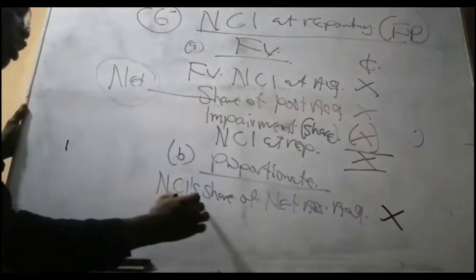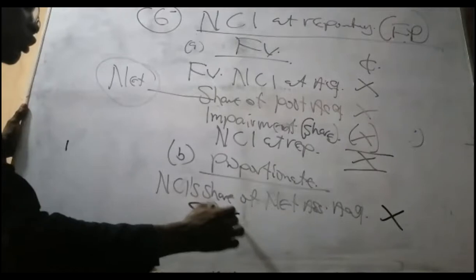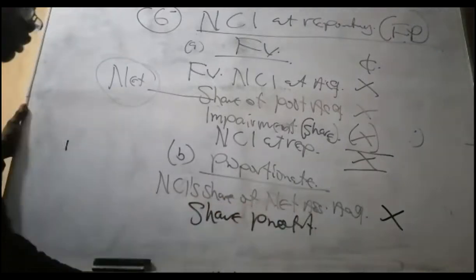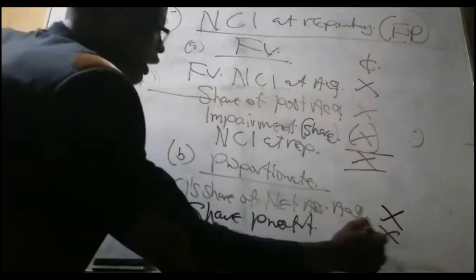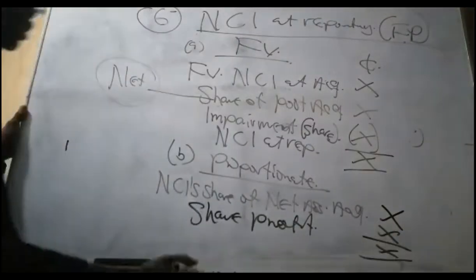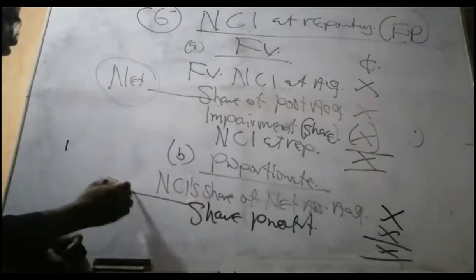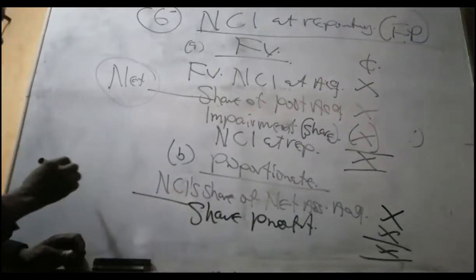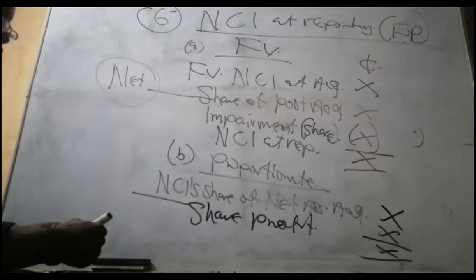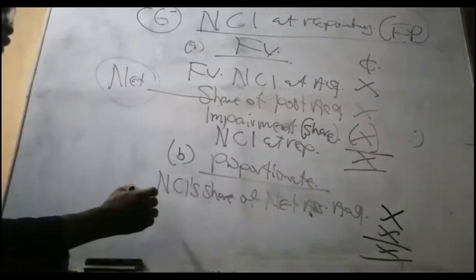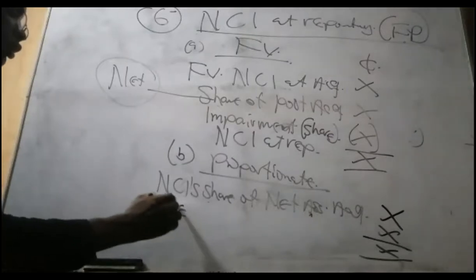Then NCI share of profit. You add it to it. That's all, end there. No impairment. The profits come from the post-acquisition changes in the net assets. So share of what?